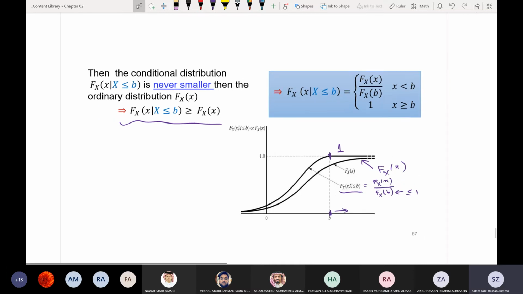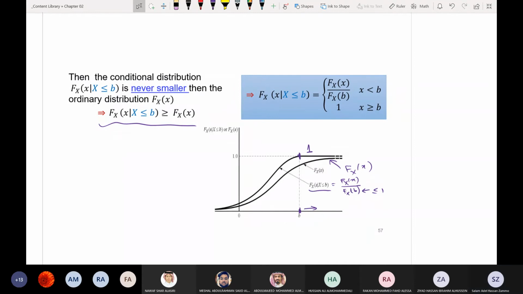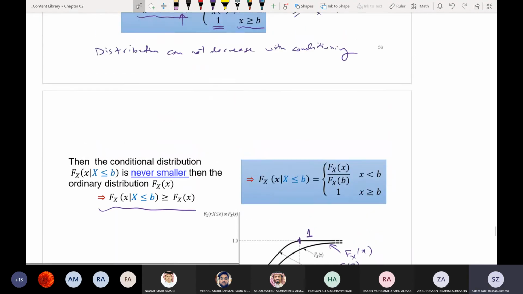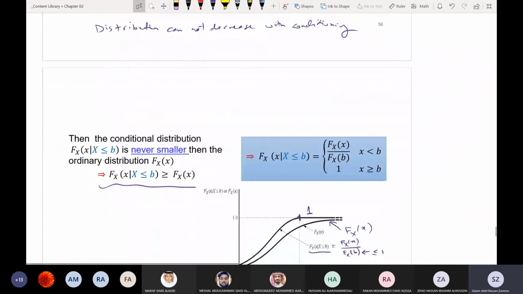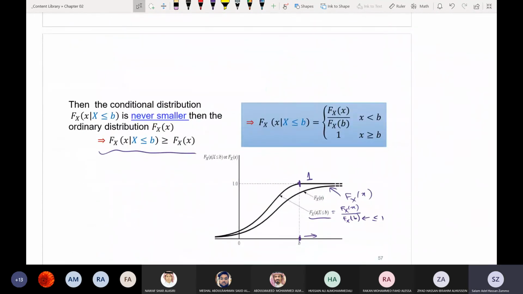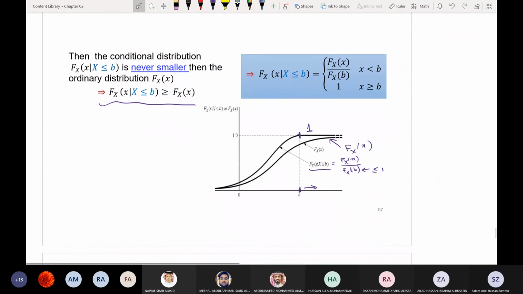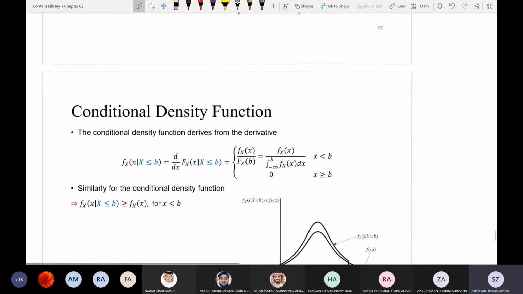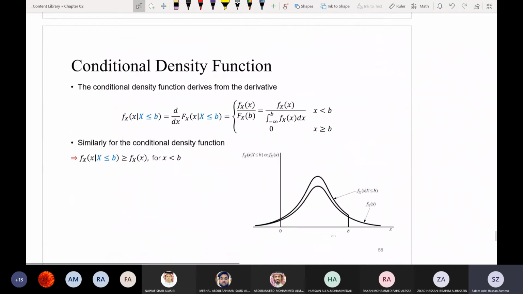طيب شباب, clear? How did we find these things? We'll go into examples now, but any question about the derivation? The concept, the relation between conditional CDF and CDF. طبعا الآن conditional density simply differentiate. Now the same, given a range x less than or equal to b, the question would be what is the conditional PDF of x given x less than or equal to b.